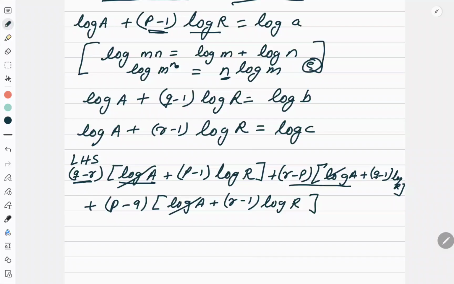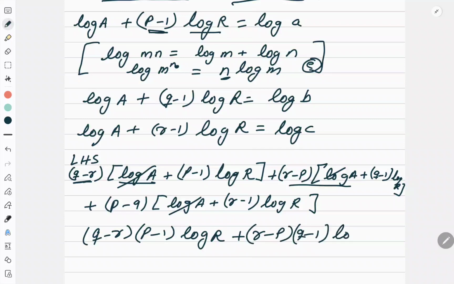Correct? Now you are left with Q minus R, P minus 1 log R, plus R minus P, Q minus 1 log R, plus P minus Q, R minus 1 log R.